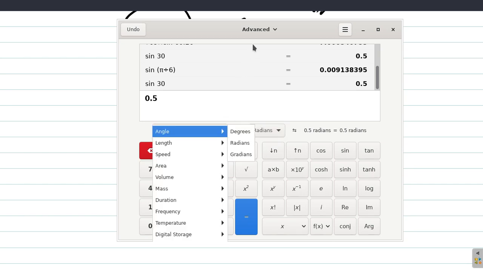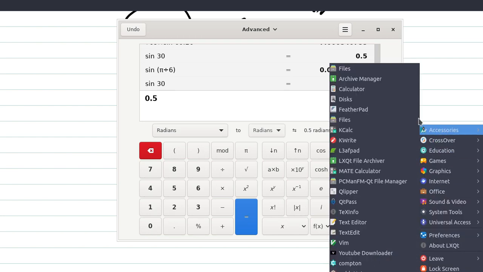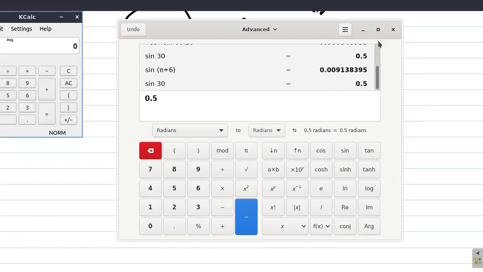This is converting to radians, but I might have to use a different calculator than this, because it's not giving me what I was looking forward to in terms of radian and degree mode.